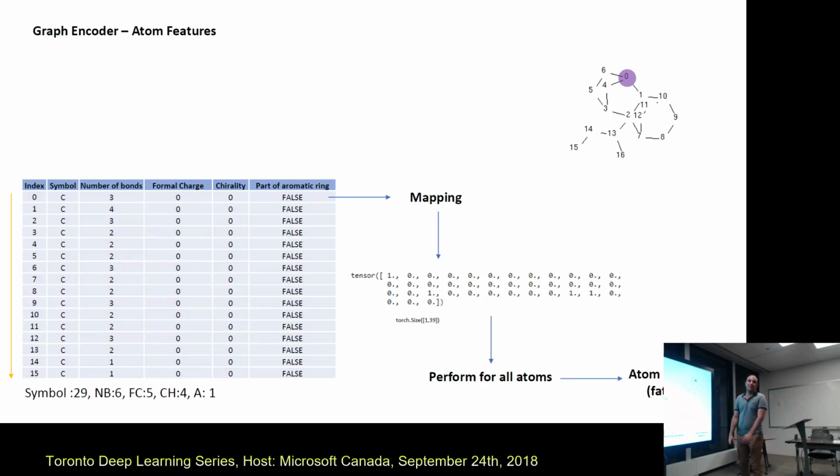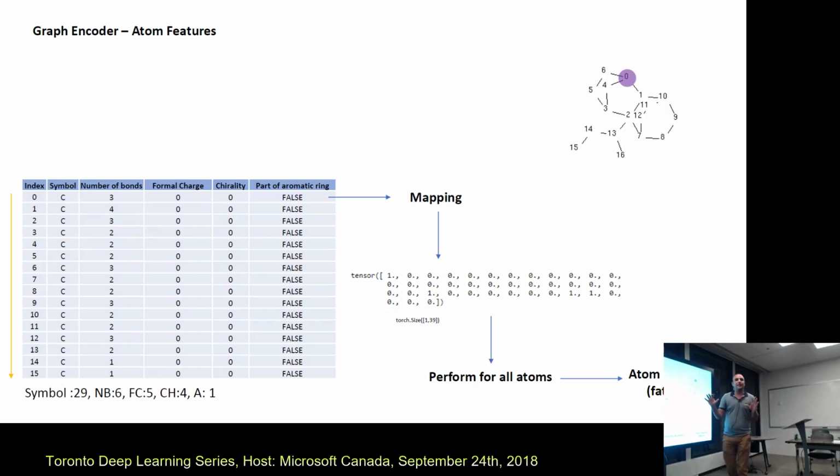Okay, so we start with atom features. Technically, what they're doing is collecting information about each of the atoms. What type of information are they collecting? The symbol of the atom, number of bonds, formal charge, chirality, whether or not it's part of an aromatic ring. Don't worry about what that information means. So that's all the features they use? That's all of it.